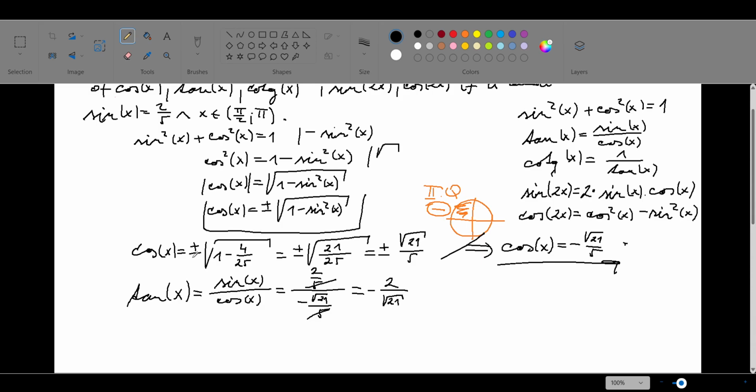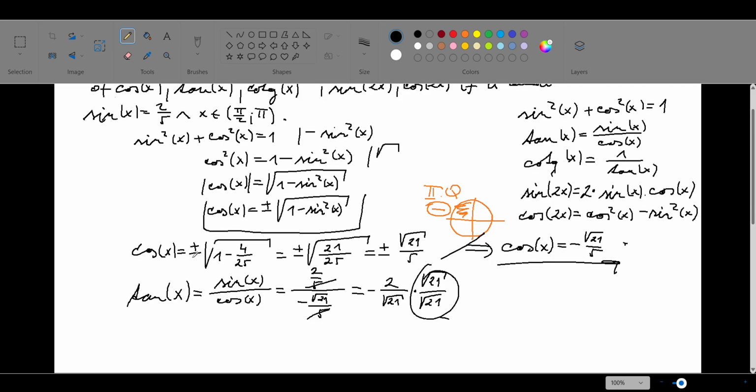But as you can remember from the previous year, it is not good manners to provide the result with radicals, which means that there cannot be a radical in the denominator. So you have to multiply this fraction by 1, which will not change its value, and you can replace 1 by the fraction square root of 21 over square root of 21.